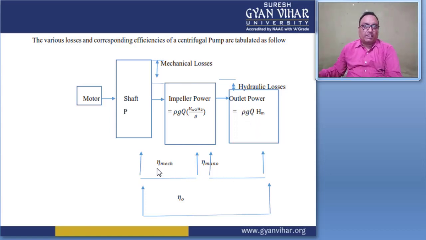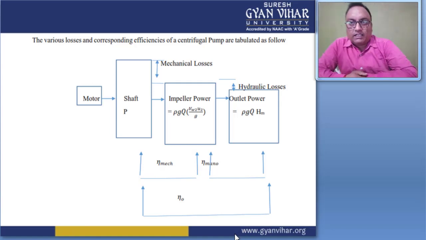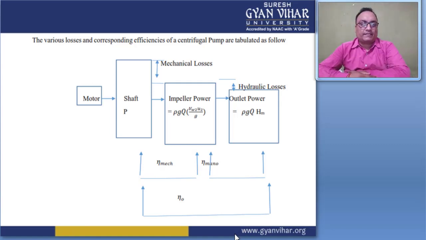Here this gives the neta mechanical efficiency, and this gives the neta manometric efficiency, and the shaft power and the output power give the neta overall efficiency of this pump. So just see this efficiency diagram for this motor, from input to output, right?